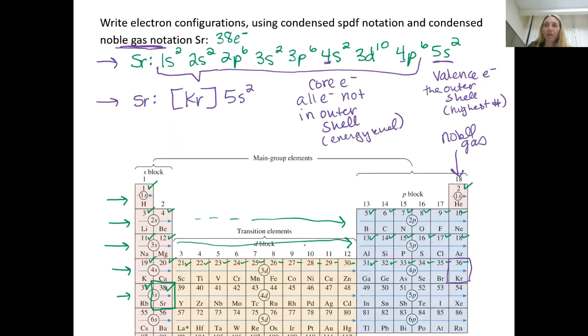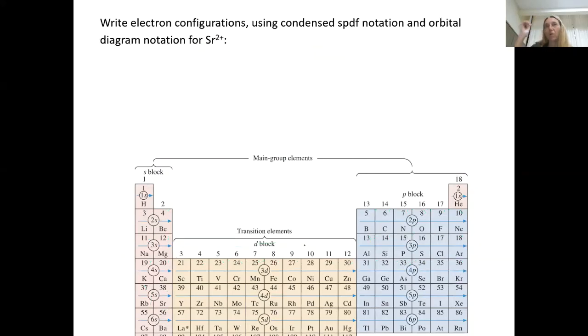Okay, now I want to show you guys, there's also ions that we can write electron configurations for, right? And so this right here is strontium 2+. And so there's a couple ways you can do this. One of the ways is to take strontium, and if we lose 2 electrons, then we get strontium 2+. Okay, so I'm just going to write that out.